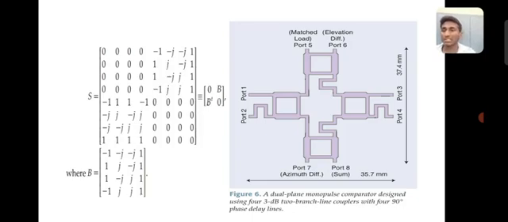So here you can see the matrix defining the monopulse comparator impedances, and this is the diagram of the dual plane monopulse comparator designed using 4 dB two branch line couplers with 90 degree phase delay lines.